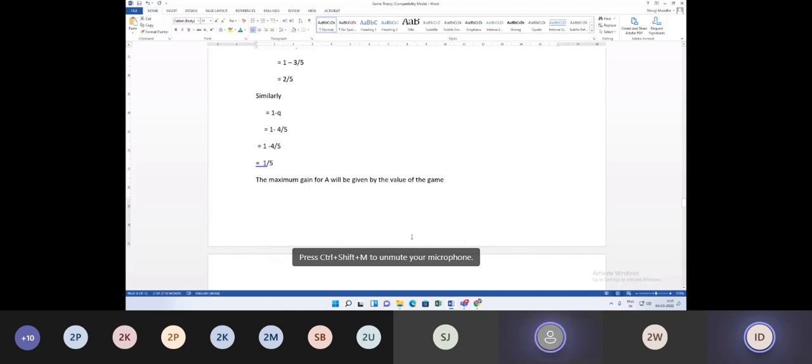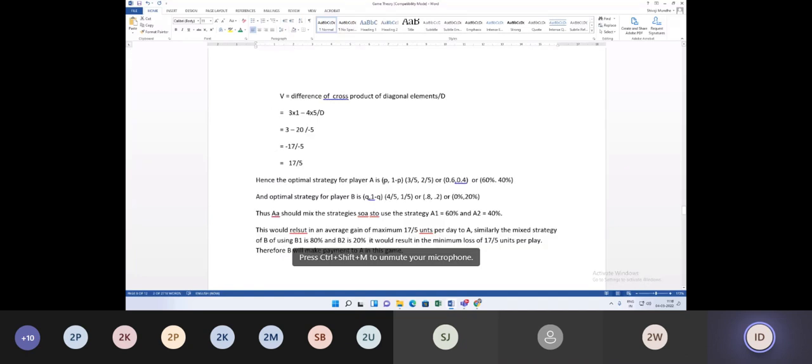So here the probability of player A, in order to find out the optimal strategy, is 3 by 5 and 2 by 5. 3 by 5 is the value of P, and 1 minus P is 2 by 5. That is 0.6 and 0.4, or converted into percentage, 60 and 40%.